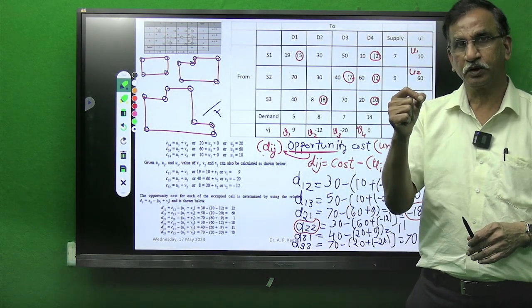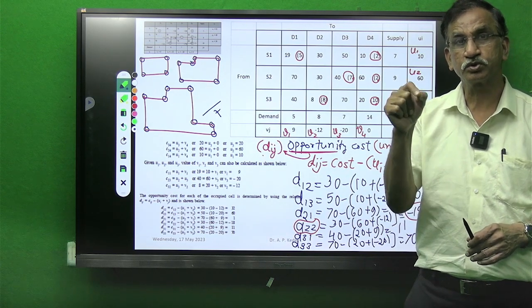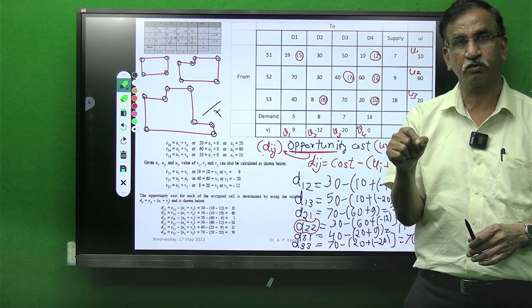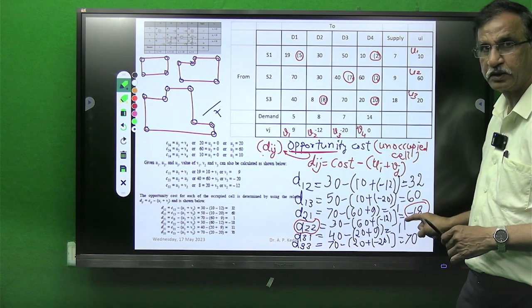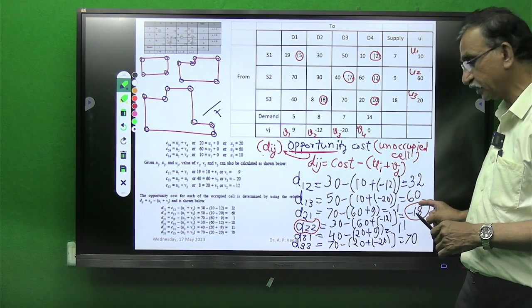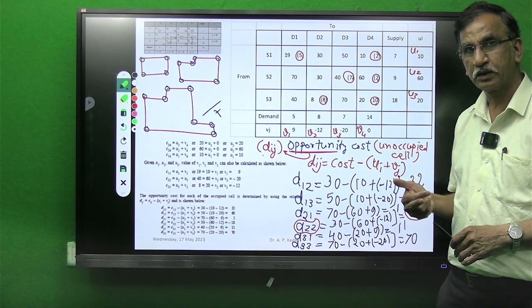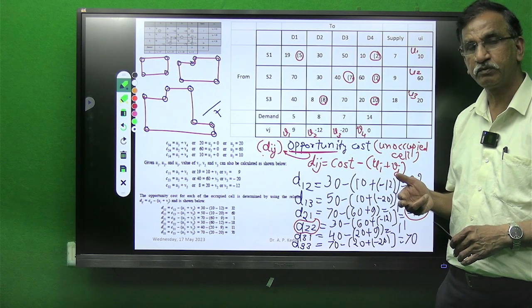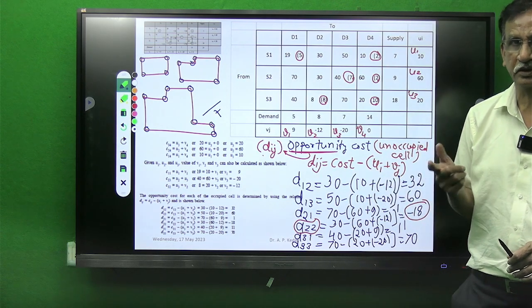The starting point for the loop will be that cell which has largest negative opportunity cost. Here we are having only one, minus 18. Suppose the case is like minus 18 and minus 9. Between minus 18 and minus 9, which is largest negative? Yes, minus 18 is largest negative.